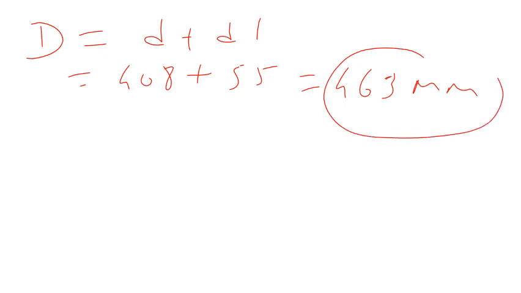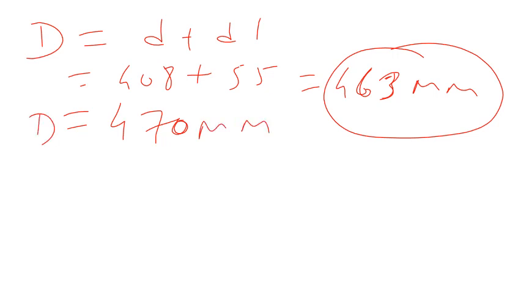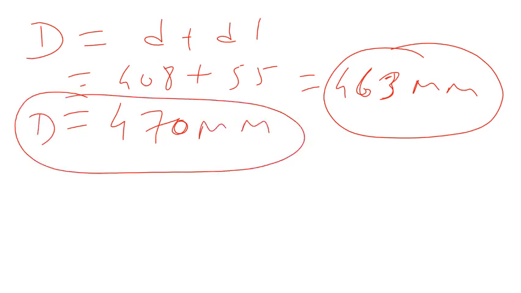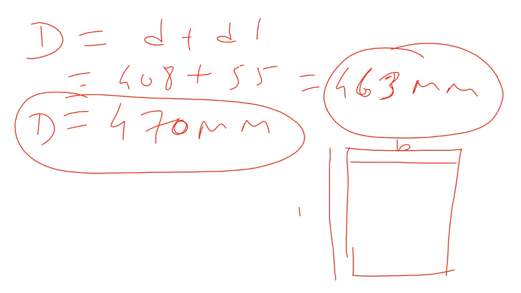You can keep this or round it to the next value, multiple of 10. So this will come to D equal to 470 millimeter. So once we have that, we have the size of the section. So this is b, and this total is D, but still we are missing the area of these steel rods, or AST. So we have to find out the area of the steel rods.